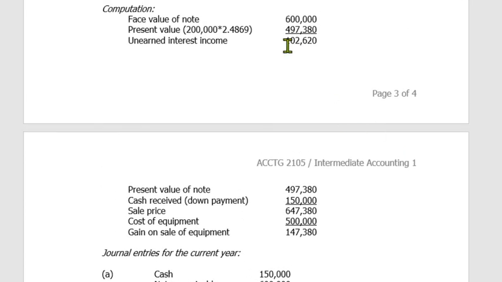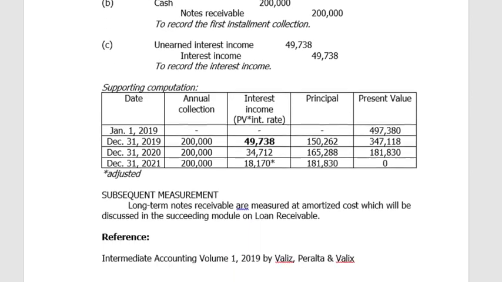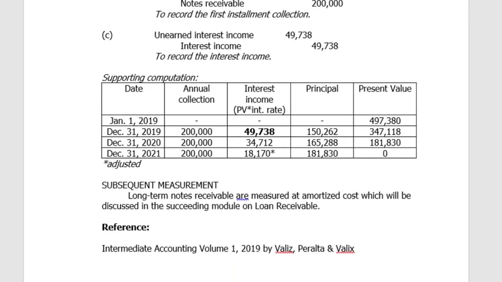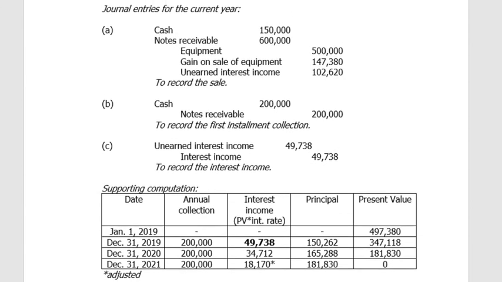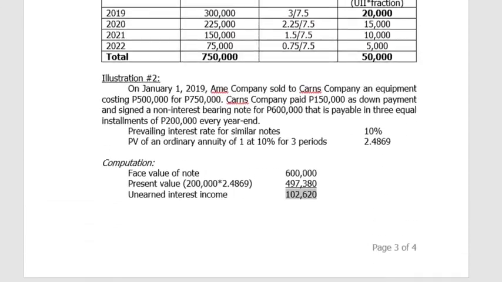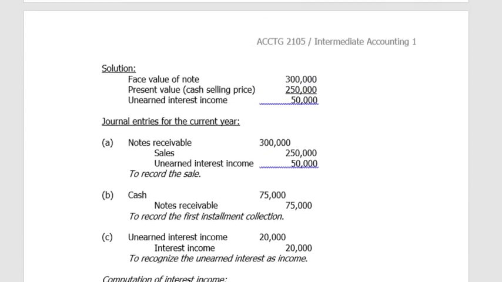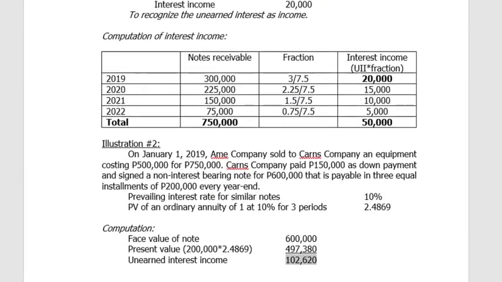Ito kasi yung income mo for the entire period. Okay. So, kaya yan, i-journalize mo lang yan based using this sample. So, that's how you recognize interest income, present values, kapag non-interest bearing ang note.